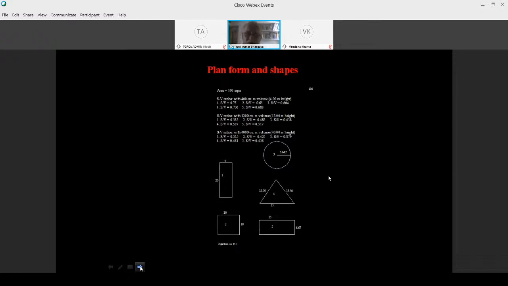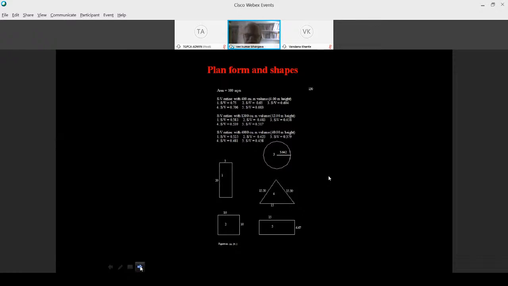So that we can calculate both surface area and volume. And then we find out which shape or form of the building encloses maximum volume with minimum surface area to select from. Okay, friends.